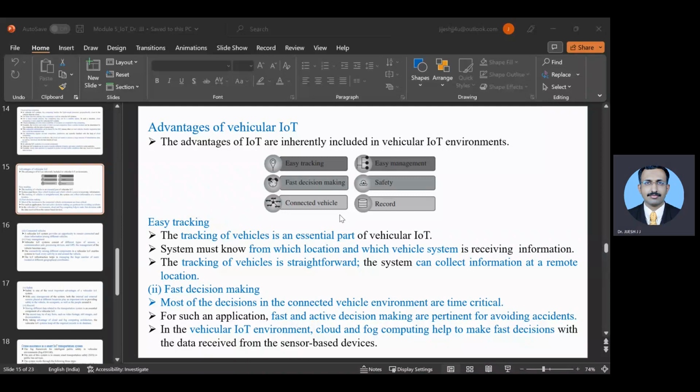We have seen. There are lots of them. So just note down crime assistance in a smart IoT application or IoT transportation system.